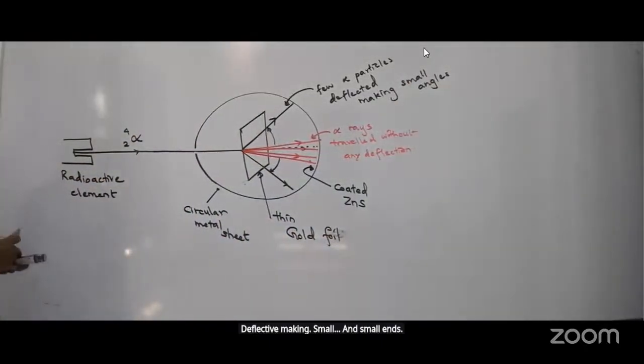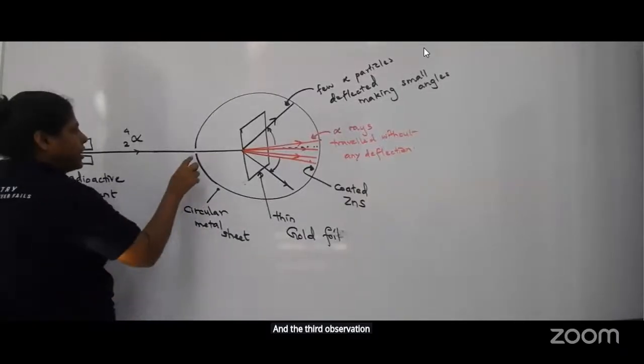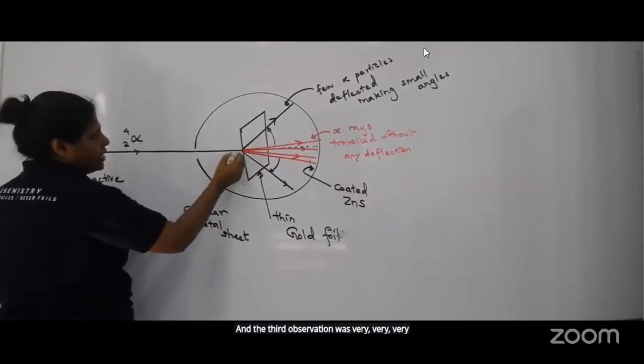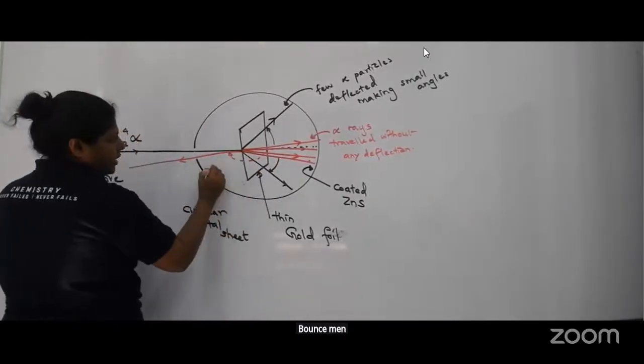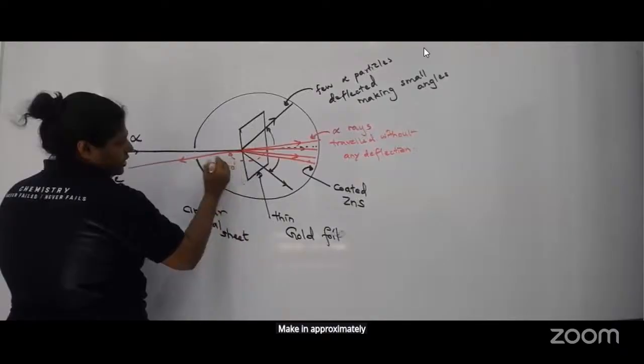And the third observation was that very few alpha particles bounced back, making approximately 180 degrees.